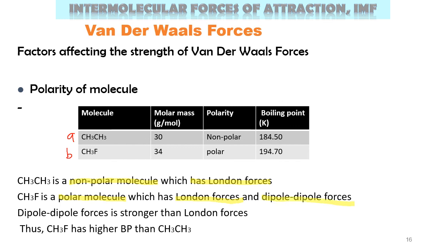Okay, the important thing that you need to remember: the strongest intermolecular force is hydrogen bond, which we will learn later. This is the strongest, and then the second strongest is dipole-dipole. And the weakest is London dispersion forces.